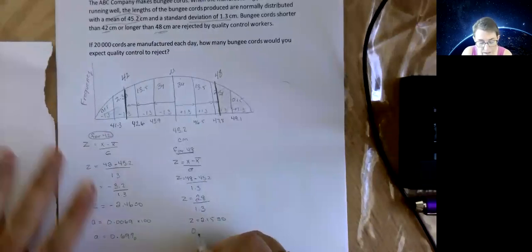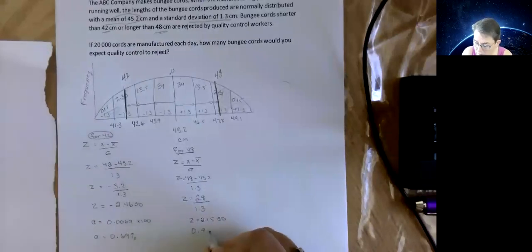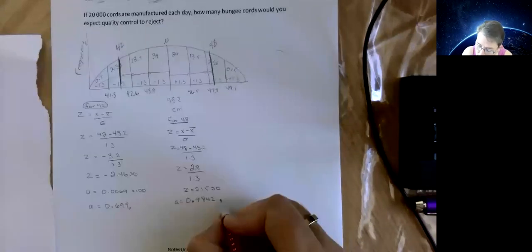And then we've got part of this one, but not very much of it. So we're good. Now, this one was 0.9842. And we're going to multiply through by 100.